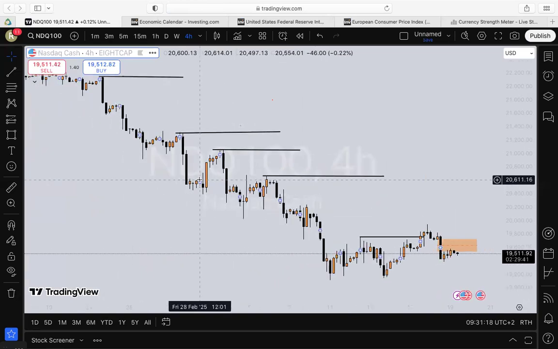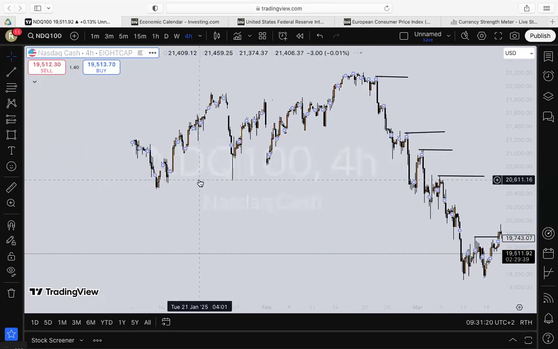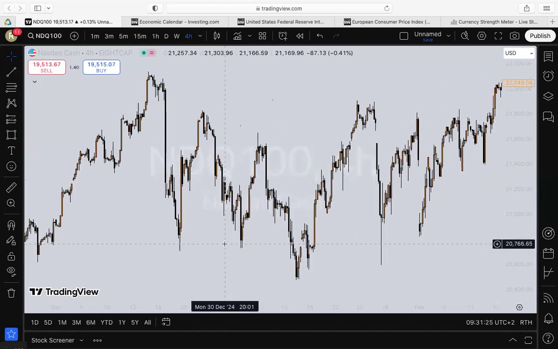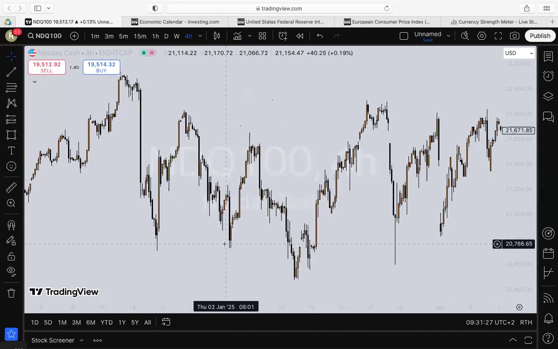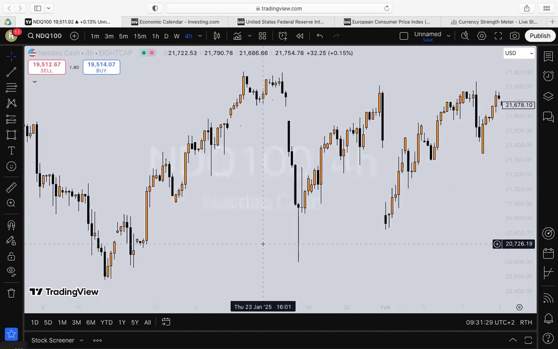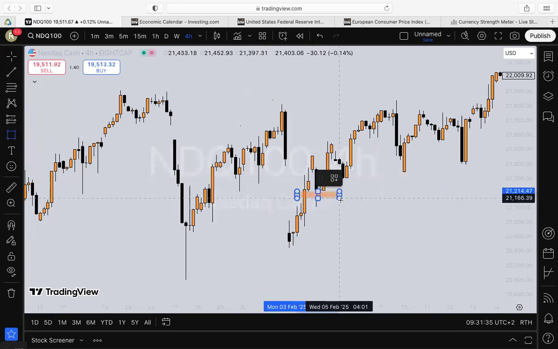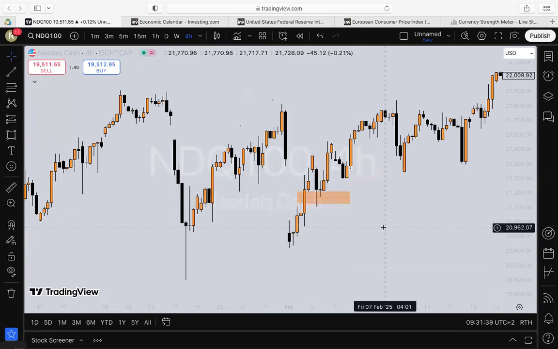Okay, let's go search for a buy FVG. It's supposed to be somewhere here. Okay, here is a buy FVG. This is an example of a buy FVG. This one here.